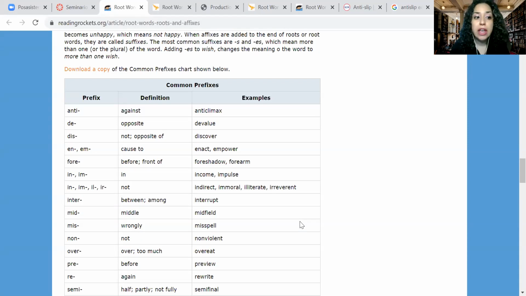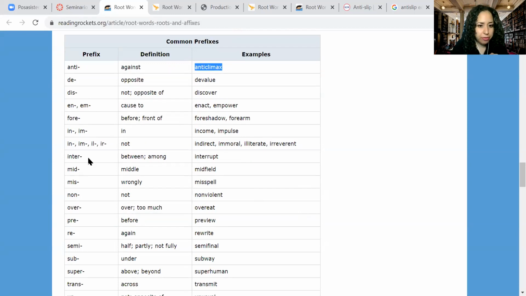I hope so. So for example, the prefix anti means against. For example, anticlimax. So it means that it's never going to get into the climax, it's never going to complete the work.